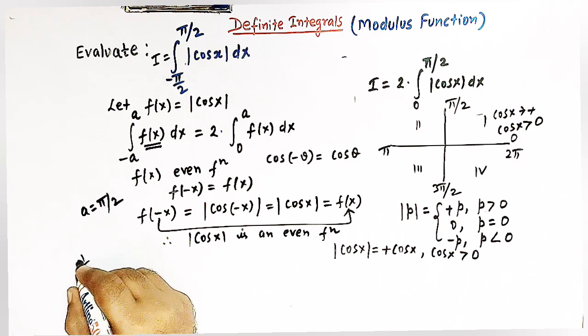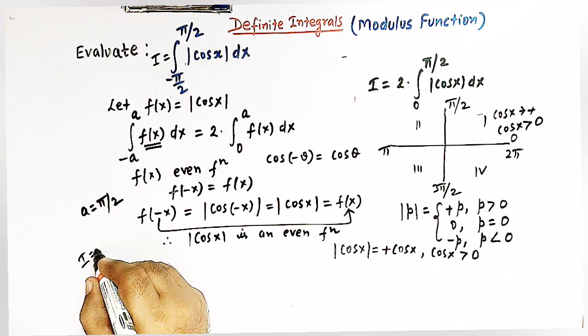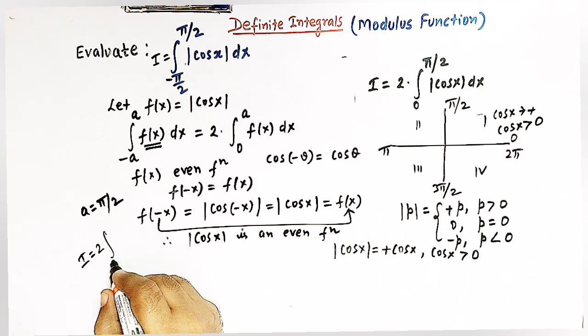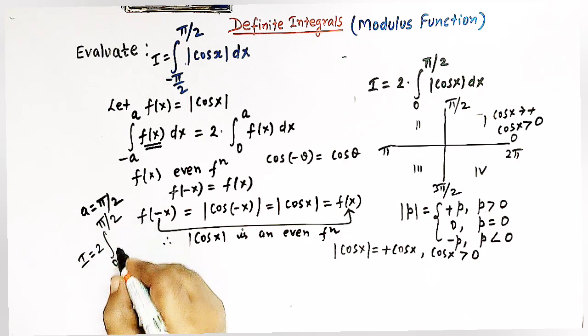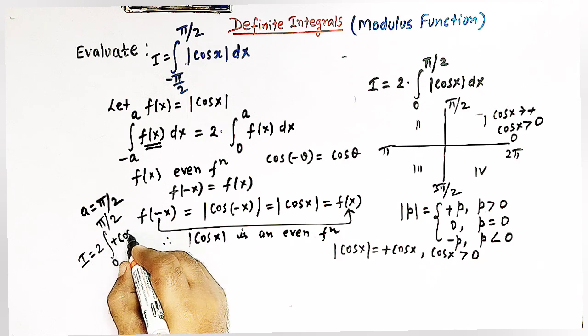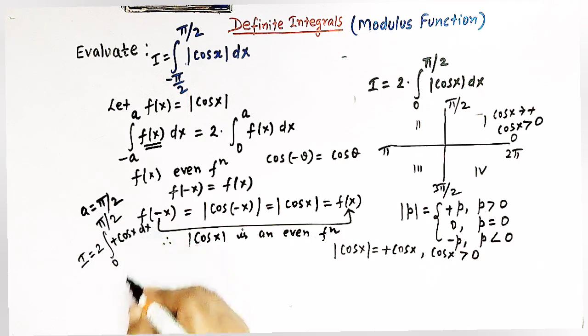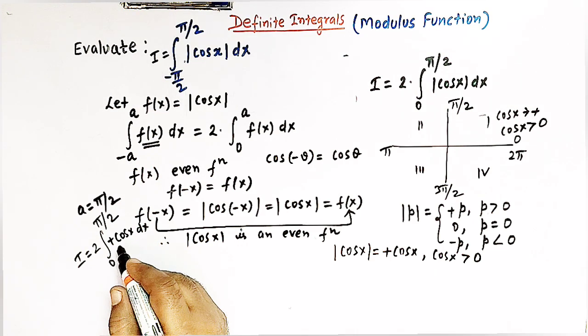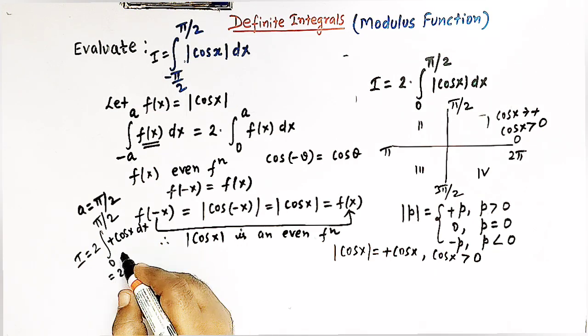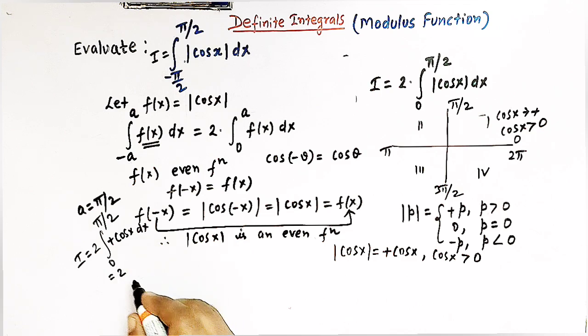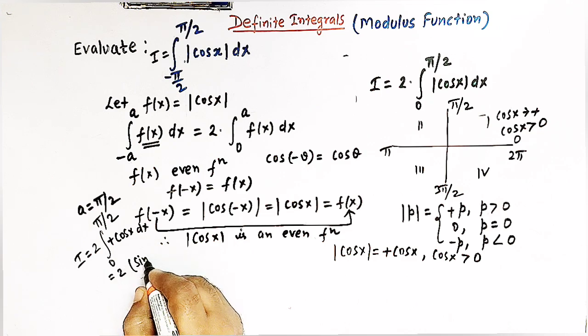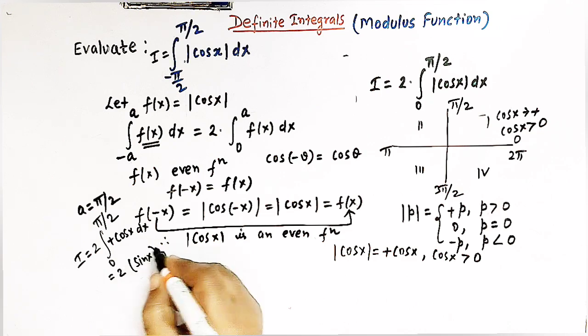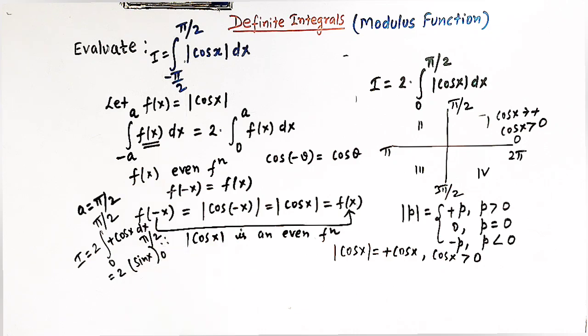So now our integral I takes the form 2 times the integral from 0 to pi by 2 of positive cos x dx. So now we have a simple integral, and here the integral of cosine x is simply sine x, and the limits of integration are from 0 to pi by 2.